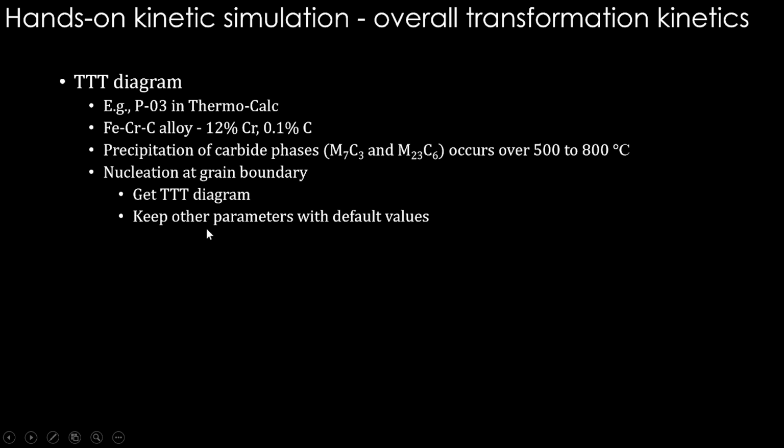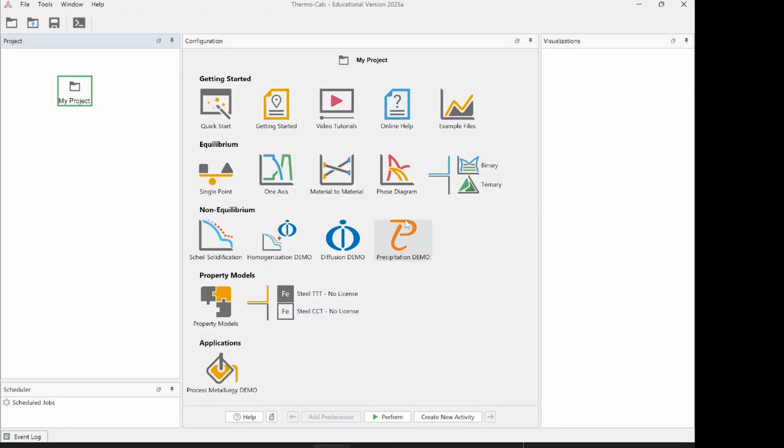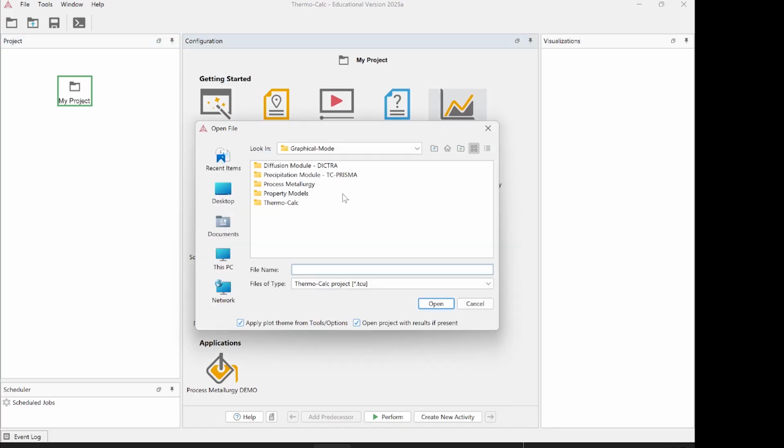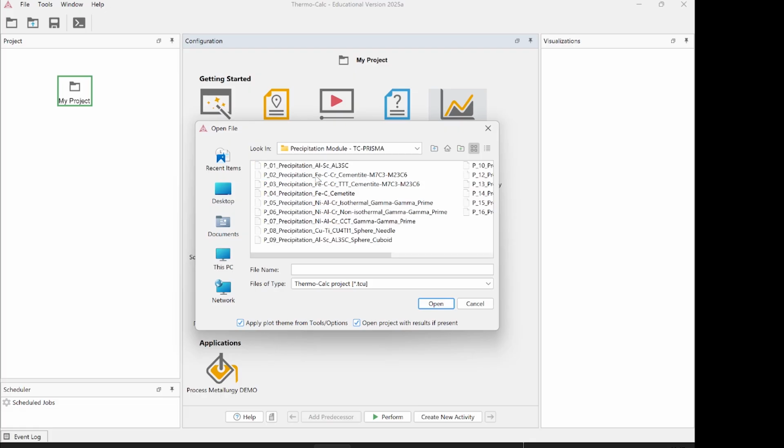Keep the other parameters with default values. Let's see how to do that. The precipitation demo should be used, but I am not going to use that. I am directly going for the example files: Precipitation module and P03 Fe-Cr-C TTT cementite M7C3 M23C6. For these different phases, we will see the TTT diagram. So click on that and open.